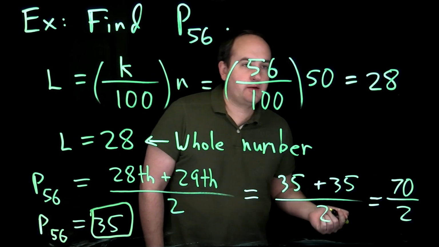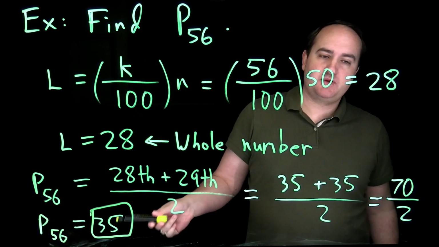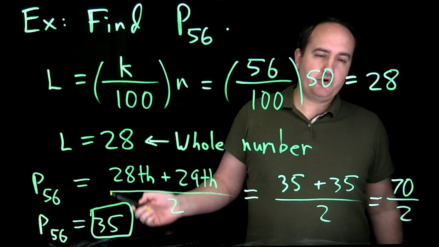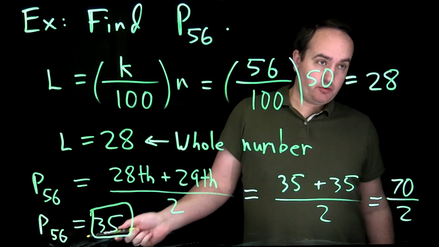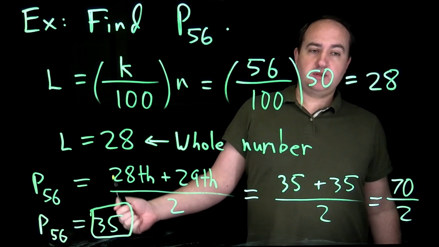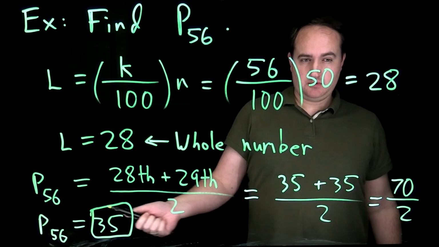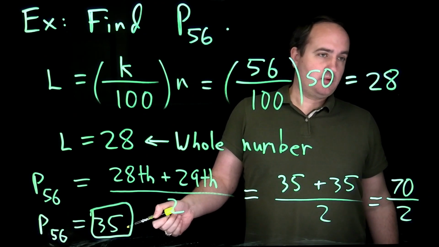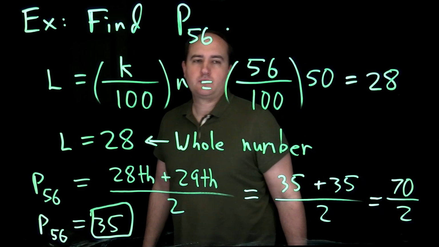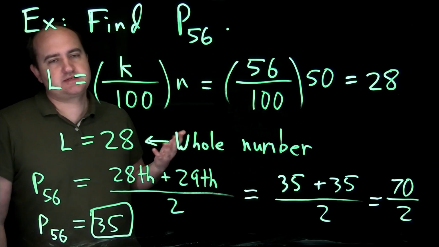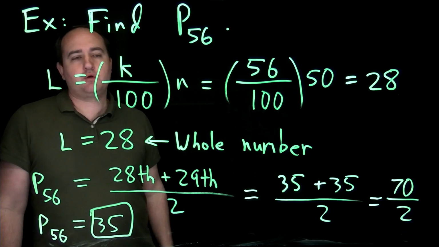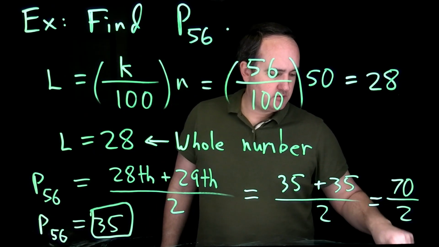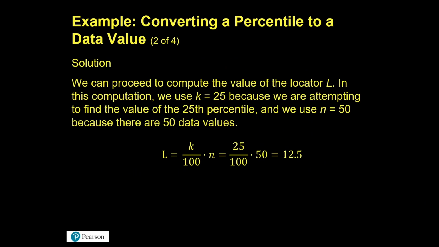And by the way, here P56 happened to be a whole number, but sometimes when you're using the locator, you can get a decimal for your percentile, and assuming that you followed the correct steps with the flow chart and plugged it into your calculator correctly, it's still valid if you have a decimal. We didn't see that in these examples, but I'm just mentioning it because you will see it in your homework. Okay, cool. So let's return to the slides while I erase all this.